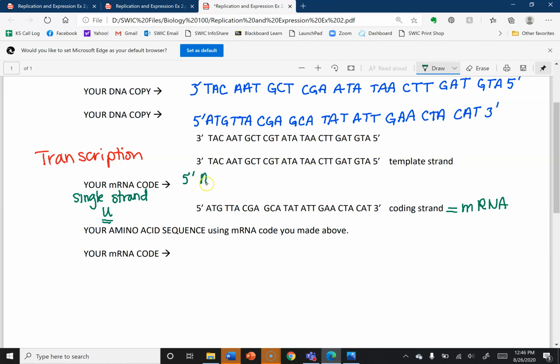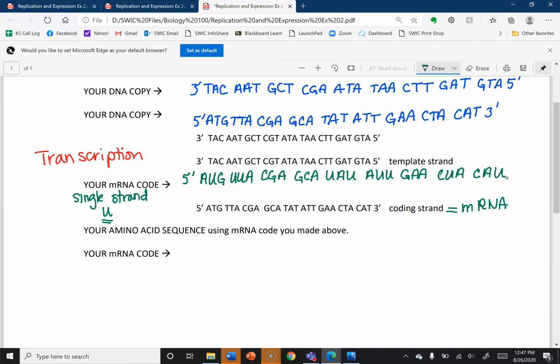So everywhere we have a T, we're going to have an A. A now is going to bind with U. G, U, U, A, C, G, A, G, C, A, U, A, U, A, U, U, G, A, C, U, A, and then C, A, U.